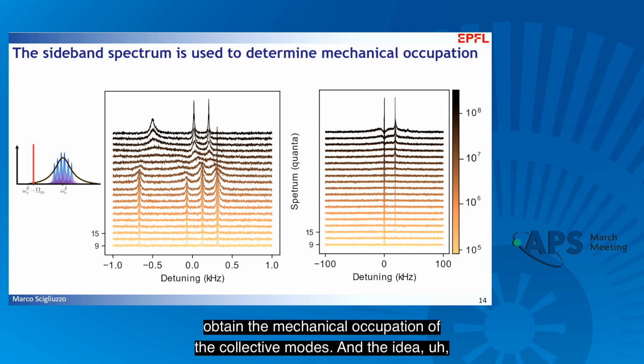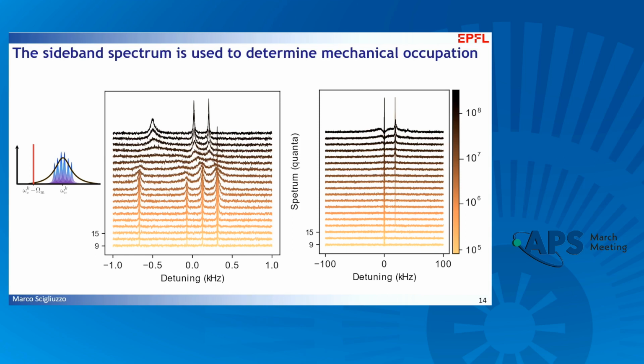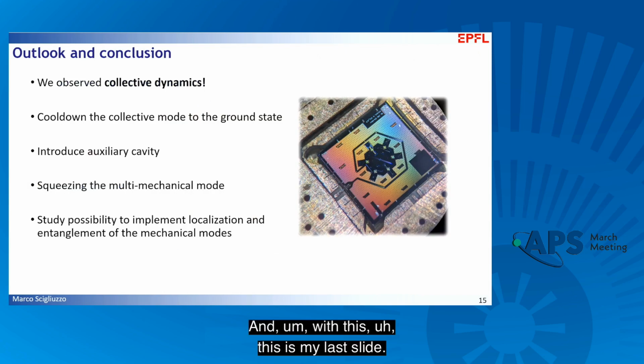The idea is to show that the collective mode is indeed cold, very close to ground state, while the individual mechanical resonators are still very warm. And with this, this is my last slide.